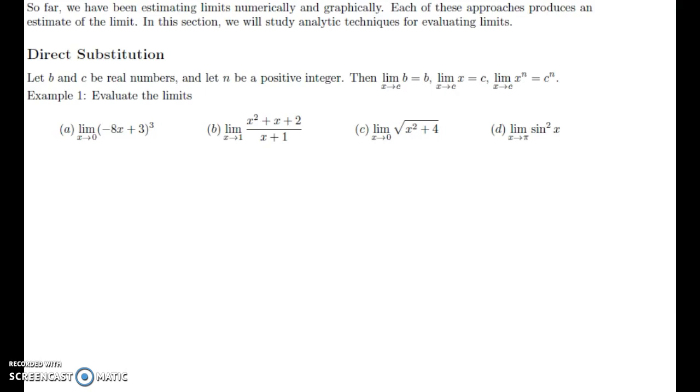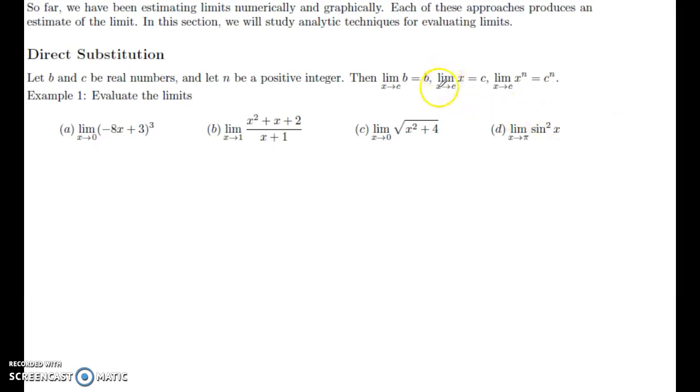The first approach is direct substitution. It's based on the following rule. Let b and c be real numbers, and let n be a positive integer. Then the limit as x approaches c of a constant b equals b.